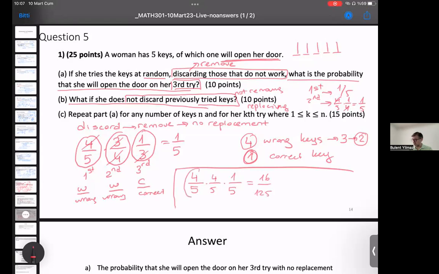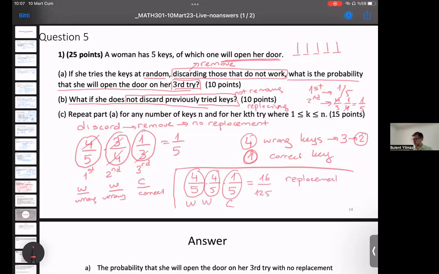Right? There are 4 wrong keys out of 5 keys. Again, I put the wrong key back, and then I'm going to choose the wrong key again. It's going to be 4/5 times 1/5 for the correct key. Wrong, wrong, correct.